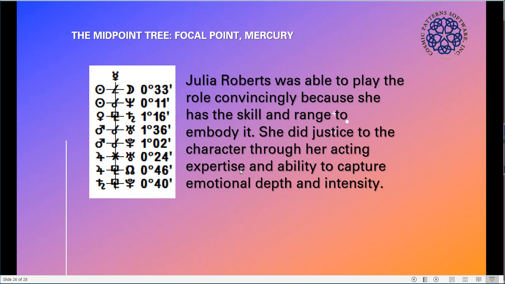Okay, Julia was able to play the role convincingly because she has the skill and range to embody it. She did justice to the character through her acting expertise and ability to capture emotional depth and intensity. And that is the energy of this midpoint tree.